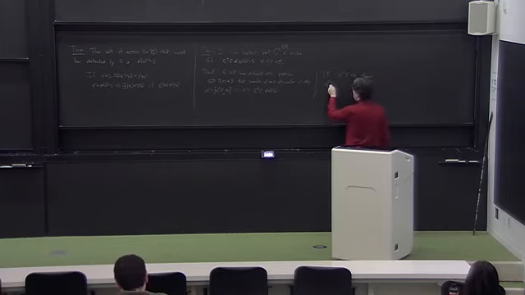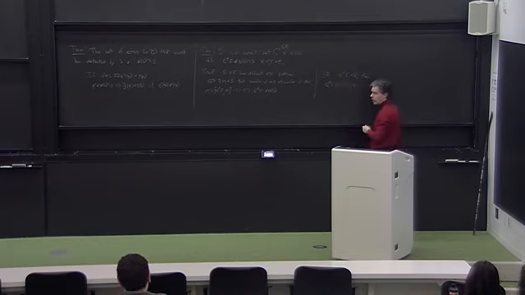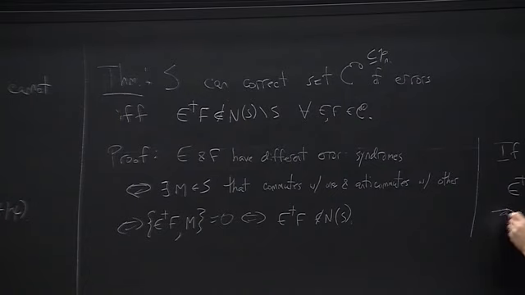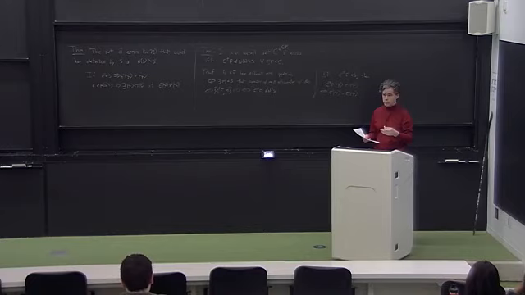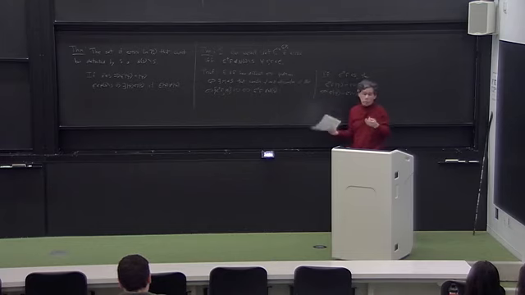E dagger F psi is equal to psi. And then if we multiply by E on both sides, we find that F psi is equal to E psi. OK? So if E dagger F is in S, then that means that E and F act the same way on code words. We can't distinguish them by looking at the error syndrome, but we don't need to because they do the same thing.